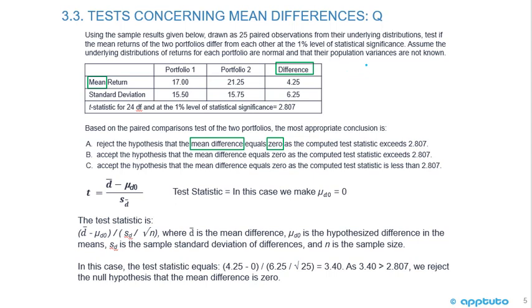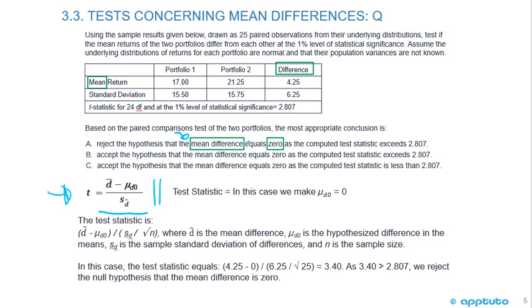The first thing, as I said, is always read the question very carefully to identify which test is being done so that you know which test statistic you need to use. Here I've put in green boxes a couple of the key words. You can see "reject the hypothesis that the mean difference equals 0." If it's a mean difference test, this is the test statistic you have to calculate.